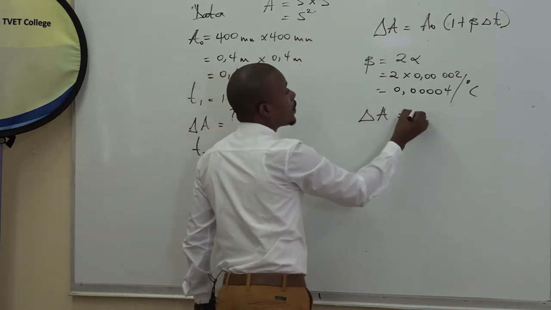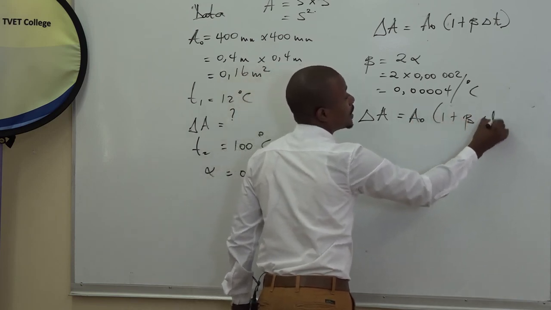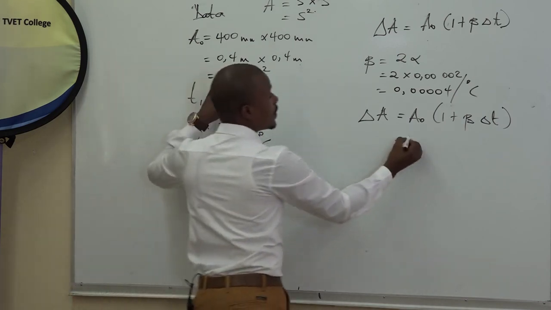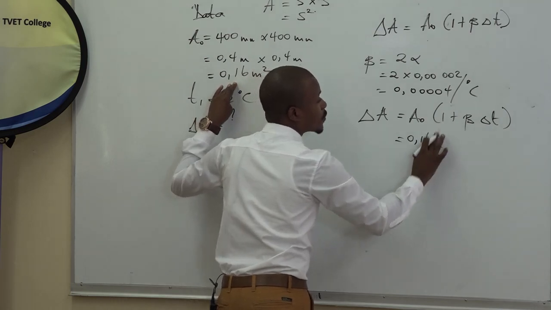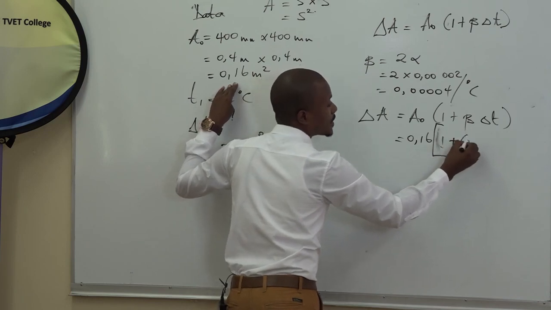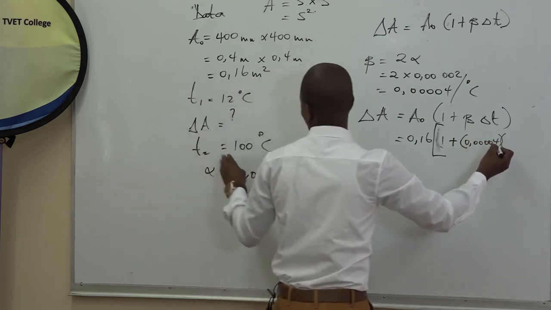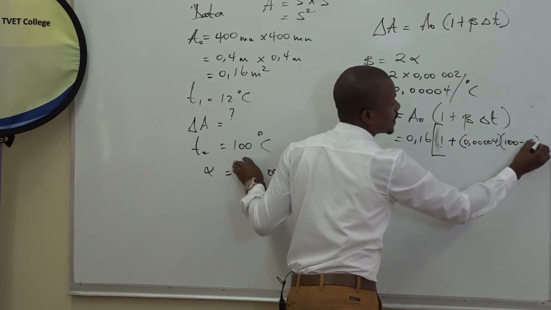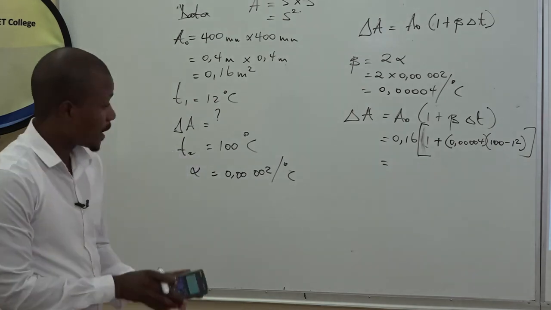A will be equal to A0 into 1 plus beta change in T. The original area is given here, that is 0.16 into, let's put a square bracket here, 1 plus 0.00004 into 100 minus 12 degrees Celsius.